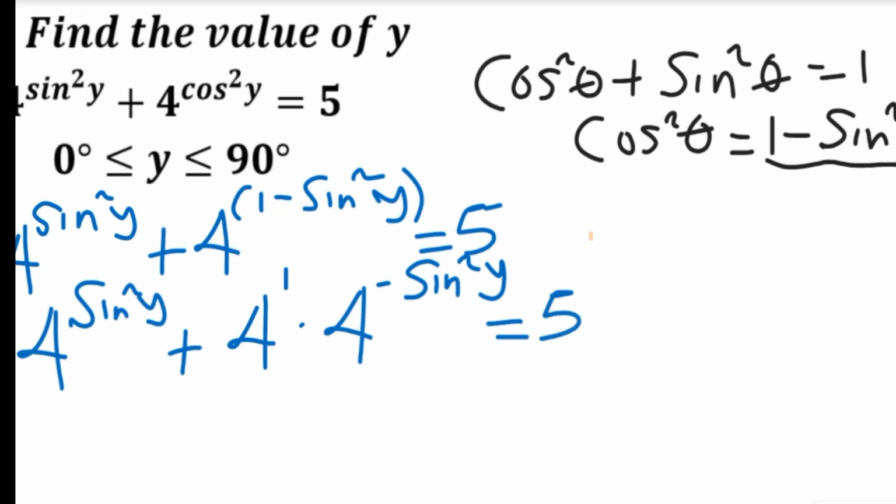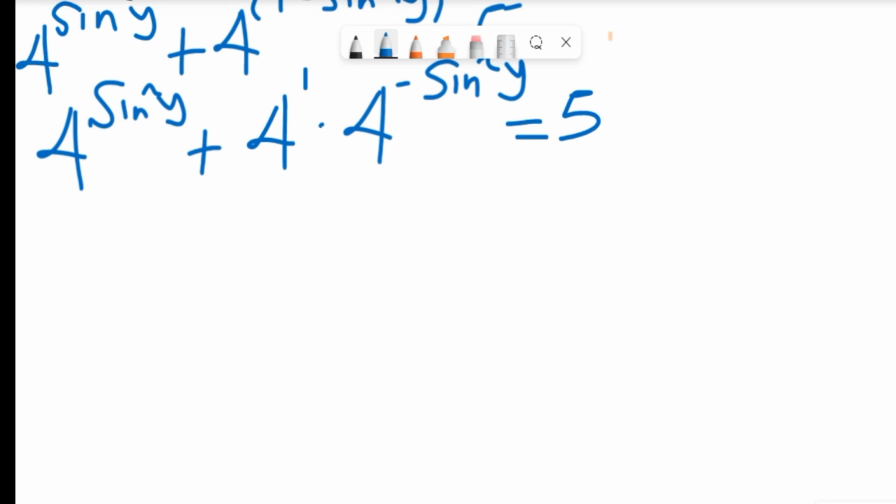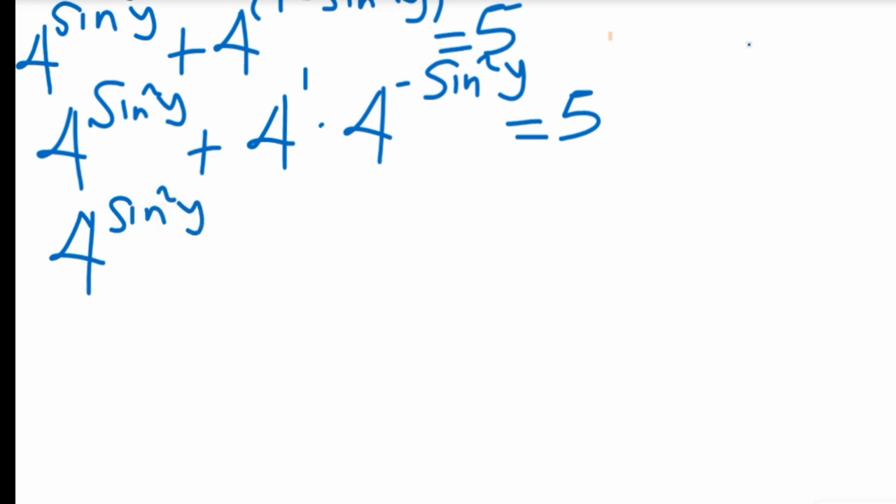So the next thing we need to do is to simplify. We're going to have 4 to the power of sine square y plus 4. Since this is a negative sign, that simply tells us that this is going to be reciprocated.